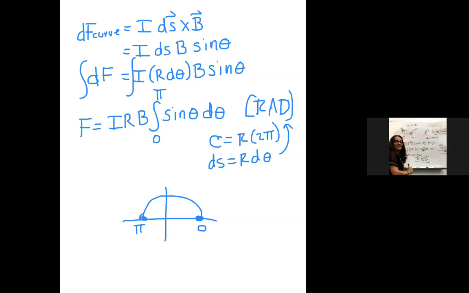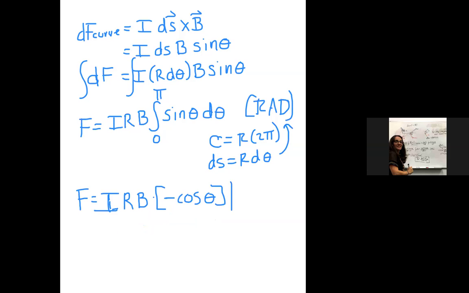Okay. All right, so we integrate from 0 to pi, and we get I times R times B times the negative cos of theta from 0 to pi.